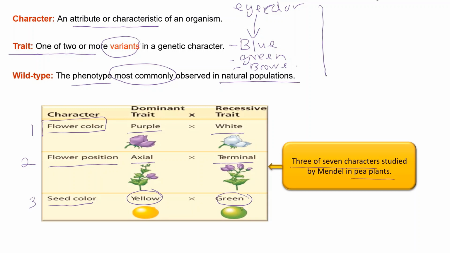Another character that we can study for humans is hair color. The traits can be, for example, that the person can have black, blonde, or brunette hair color. So those are examples of different traits for a character.